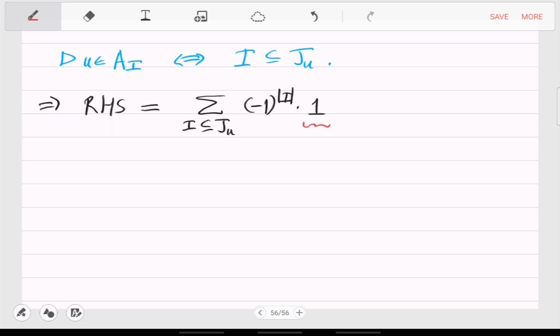So how do you think you show this to be exactly 0? You don't know JU, and U is also an arbitrary element in the universe, so you don't have any information. How do you show that this count is 0? No ideas? Number of?